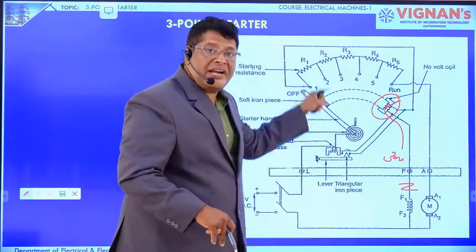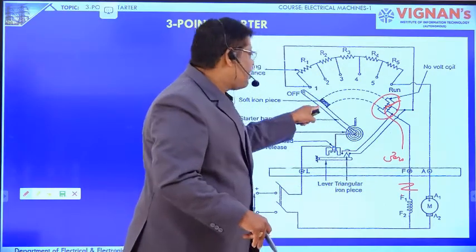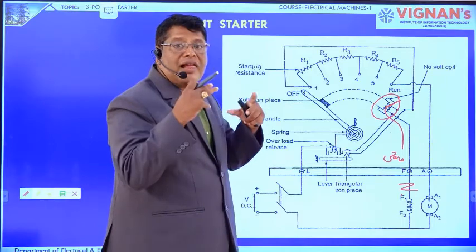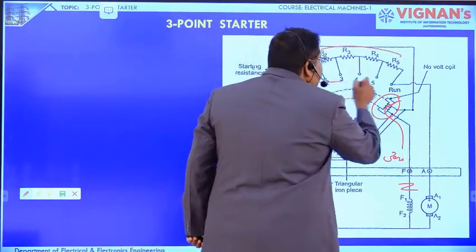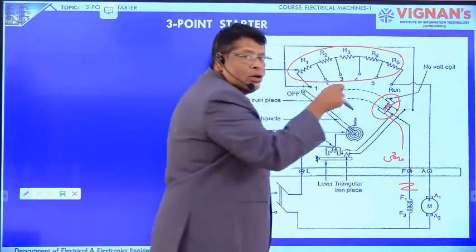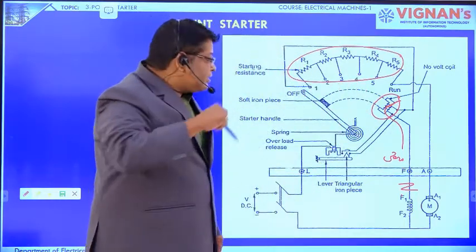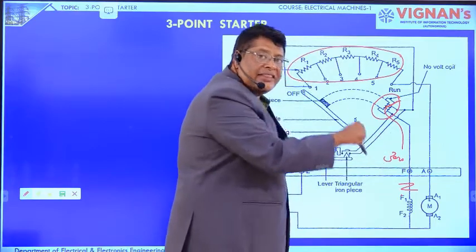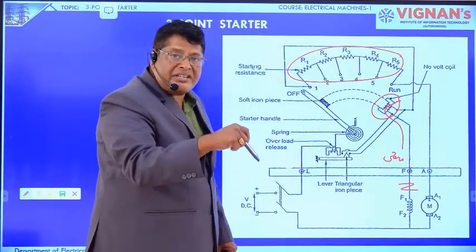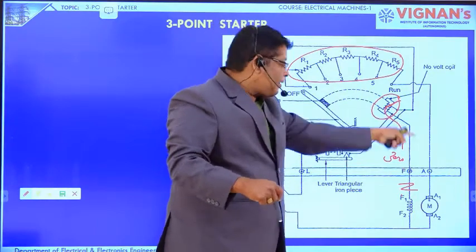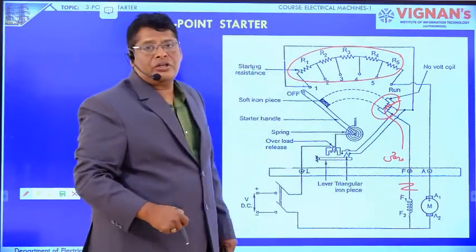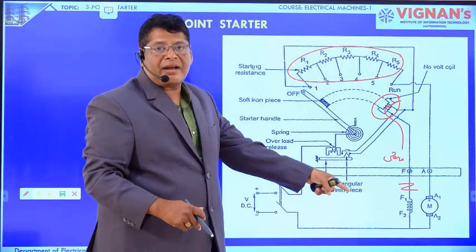Moreover, in a running condition, it holds the handle. We are keeping the resistance here to connect in series with the armature circuit at the time of starting. In the running condition, the total resistance will be removed from the armature circuit.